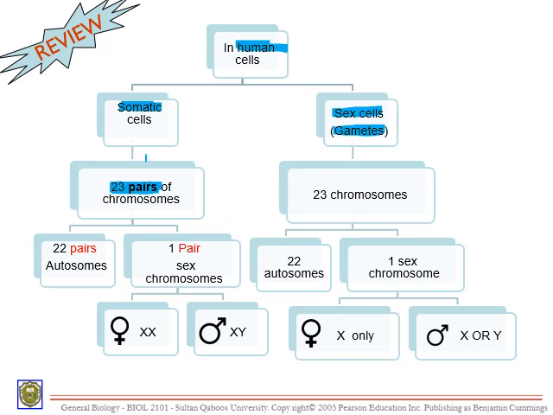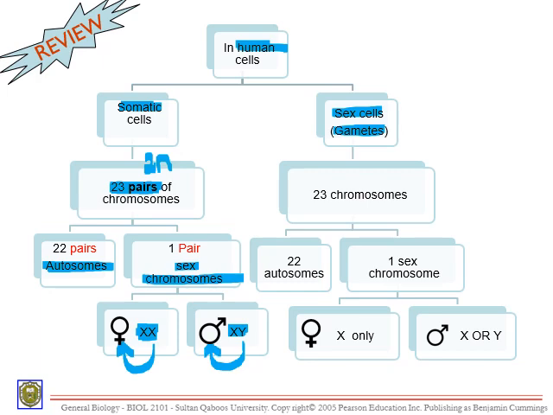So that's 2n, right? Two sets or a pair. Now, for these 23 pairs of chromosomes, 22 pairs will be autosomes and one pair of sex chromosomes. Now, for the sex chromosomes, if it was XX, then that would be a female. If it was an XY, then that would make a male.